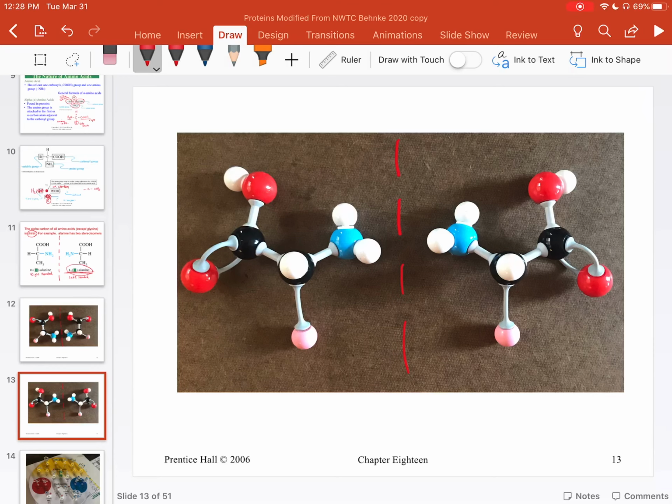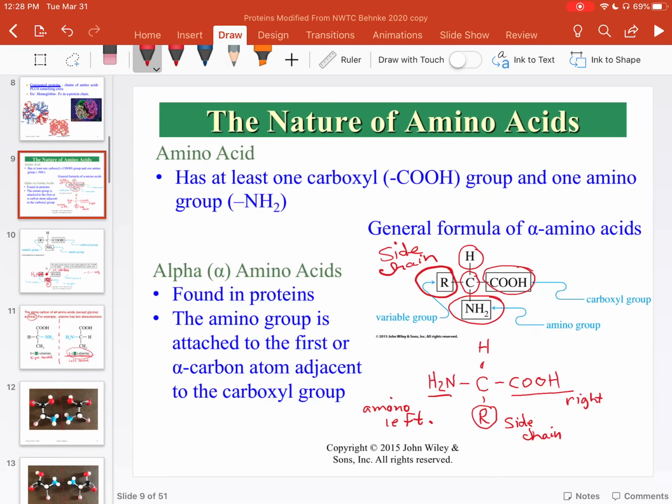So the purpose of this installment was just to talk about the nature of the amino acid, how every single amino acid has a specific form, that central carbon. I'm going to choose a different color here. That central carbon attached to a carboxylate group.